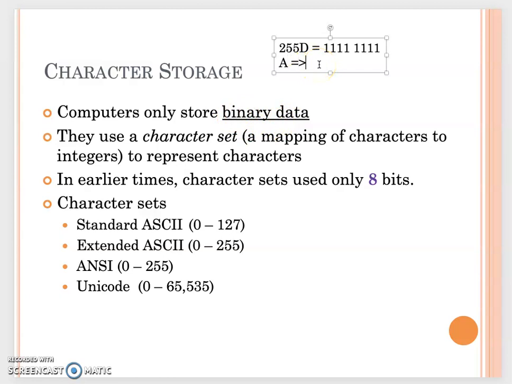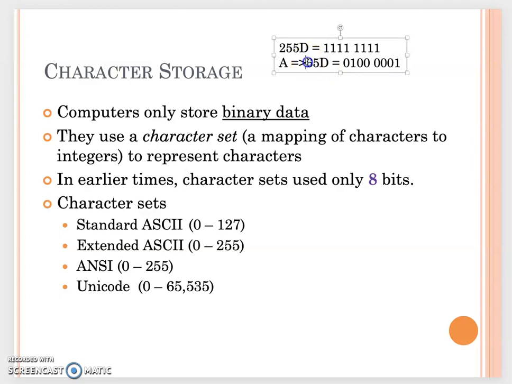So the first thing we need to do is convert to the ASCII value, for A it is 65 in decimal. Then 65 needs to be converted into the binary number. So 65 is 64 plus 1, right? You can see here the values are 1, 2, 4, 8, 16, 32, 64. So 64 is the next bit.